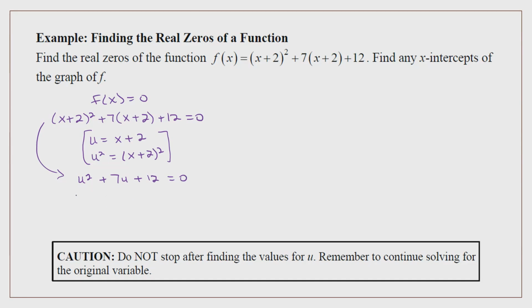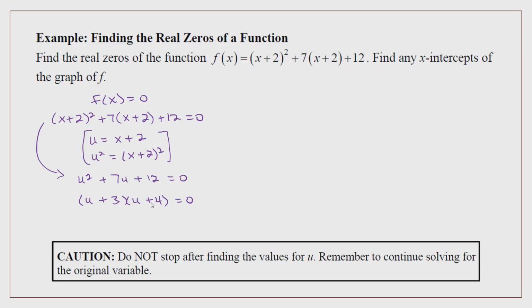which is written in quadratic form. So in factoring the quadratic, I now have to find two terms that multiply to get 12 but add to get 7. So that would be 3 and 4, and they're both positive. Okay.